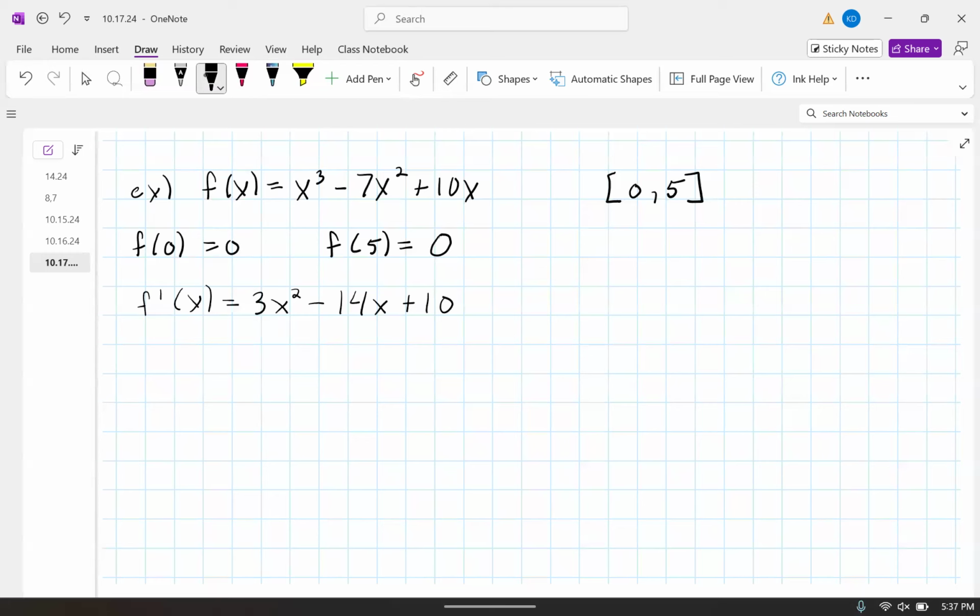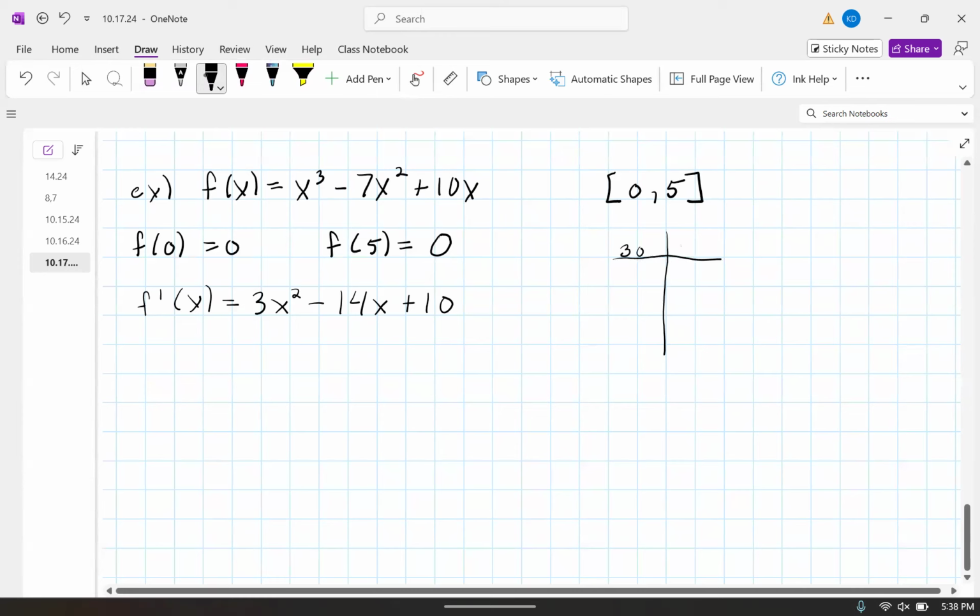All right, I take the derivative and I look at that. Does it factor nicely? I don't think it's going to. It does not factor nicely.